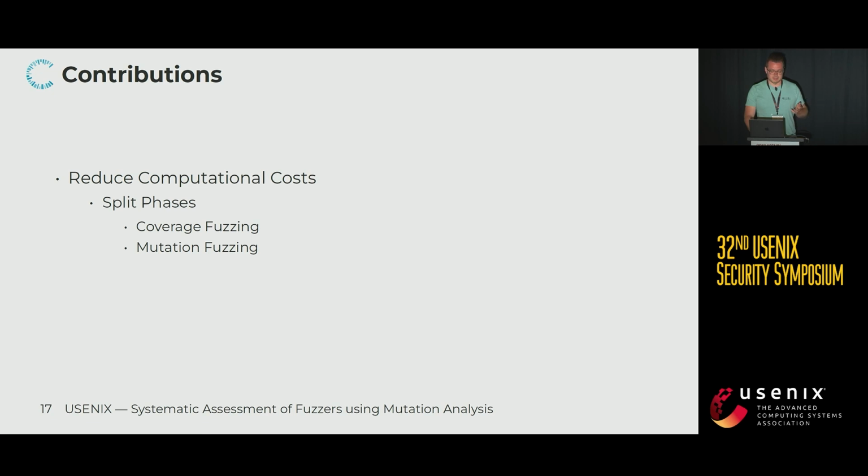So splitting this up greatly reduces computational costs. Also, we reuse the concept of super mutants, and this allows us to evaluate multiple mutations in one run. So you would have several changes, however, we ensure that they are independent of each other, which allows us to have them in the same binary.